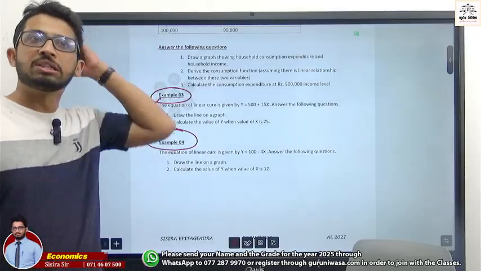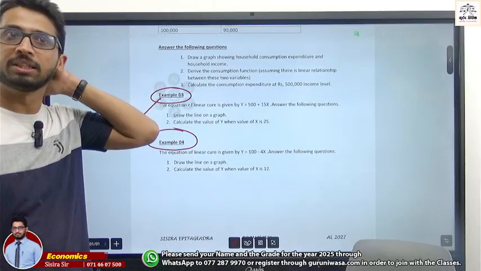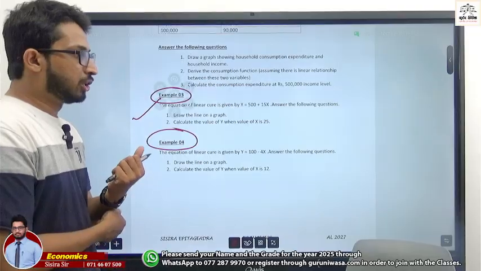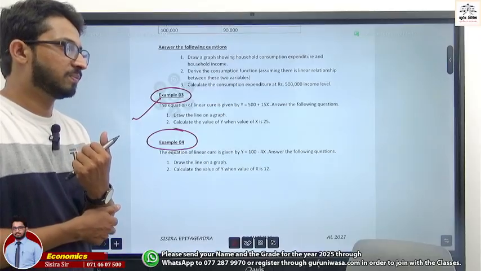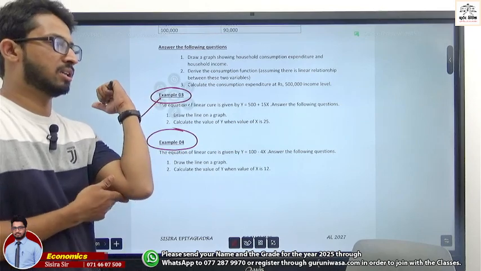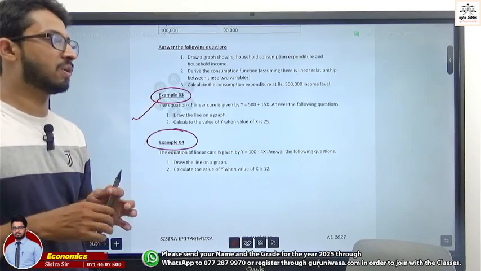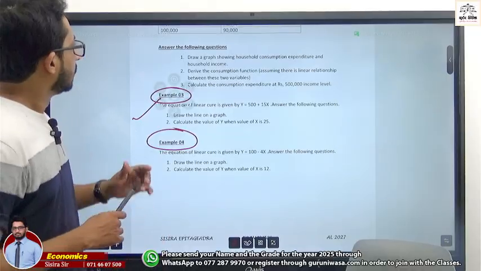Example number 3 and 4, give a try. I'm not going to explain example number 3 and 4 in the class. You can do it yourself and send me answers. I can check your answers, lamai, and I'll let you know what the mistakes are.